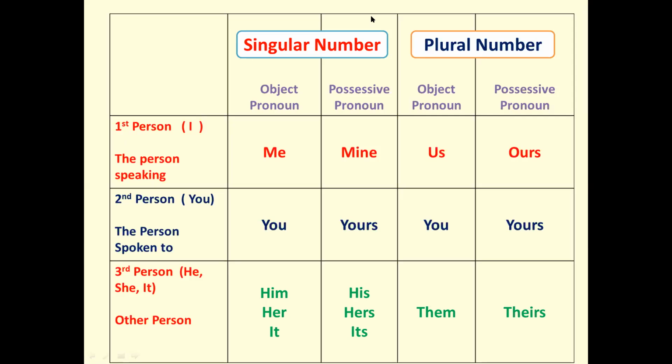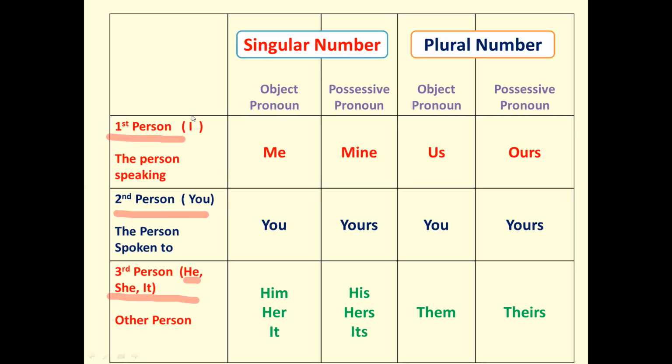See here, we have first person, second person, and third person. First person means I, second person you, third person he, she, it. How do these persons change from singular number to plural number?